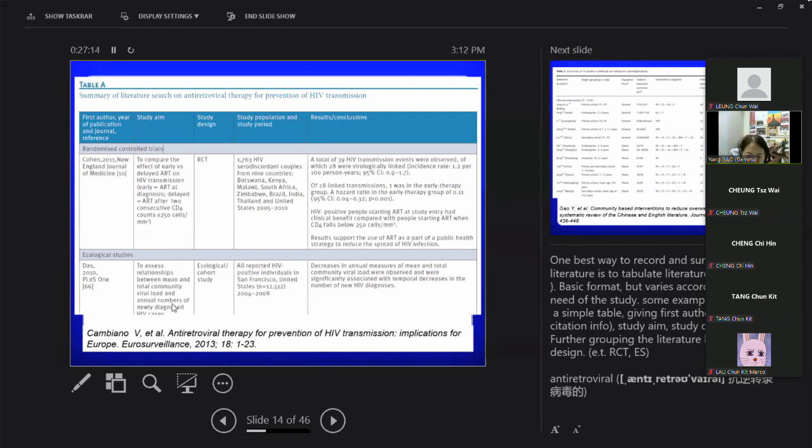This basic one can only provide a lower level of evidence. So it depends.